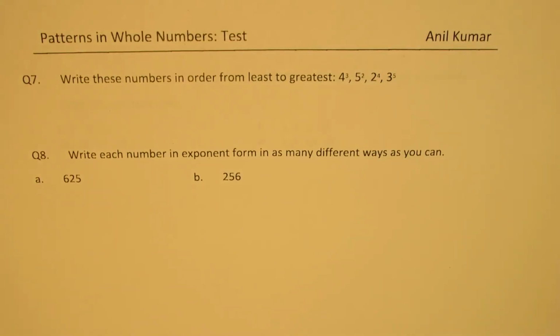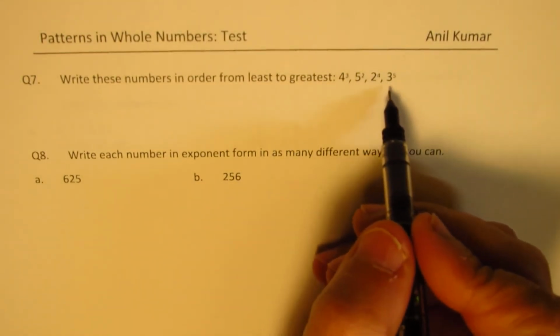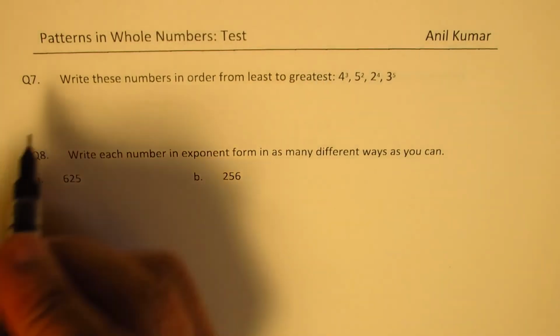Question number 7. Write these numbers in order from least to greatest: 4 cube, 5 square, 2 to the power of 4, 3 to the power of 5. Now in this, we don't really have any tricks. Let's just find the value.